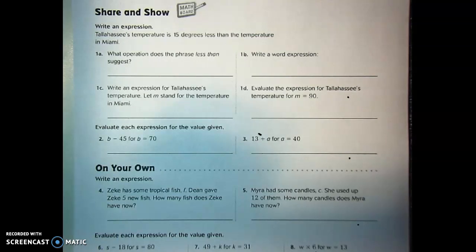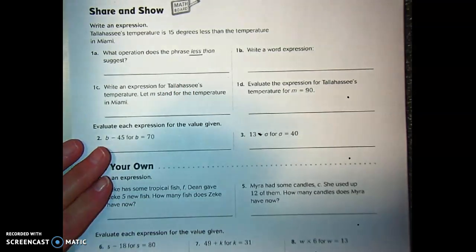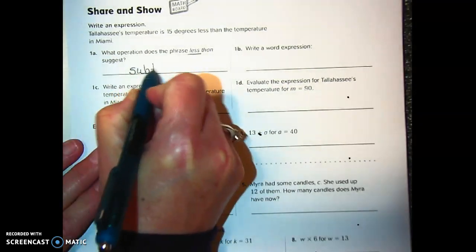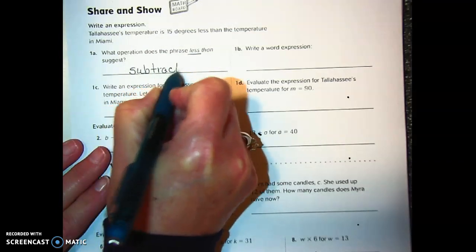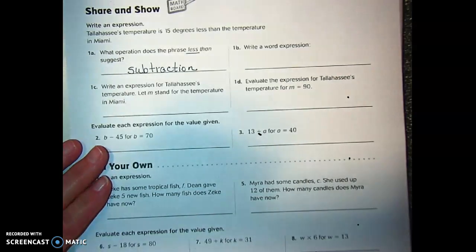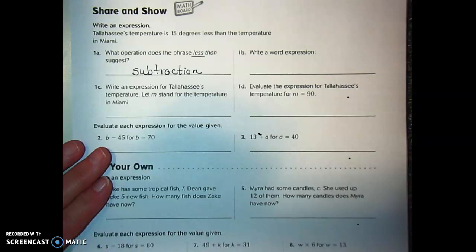In this case, we have the word less. And if we have less of something, then we would use subtraction.